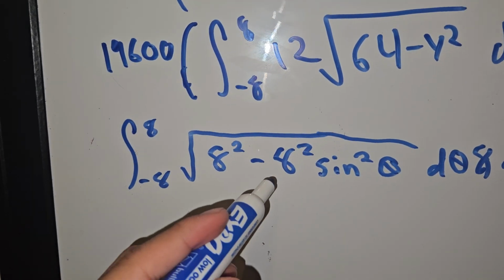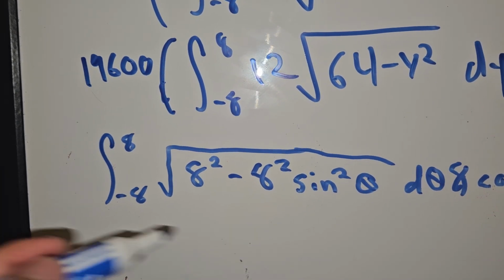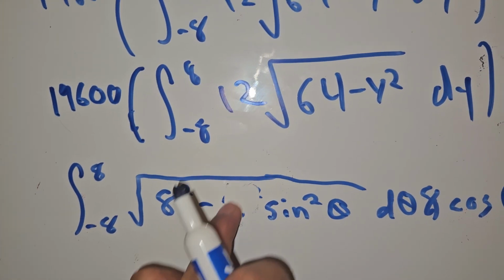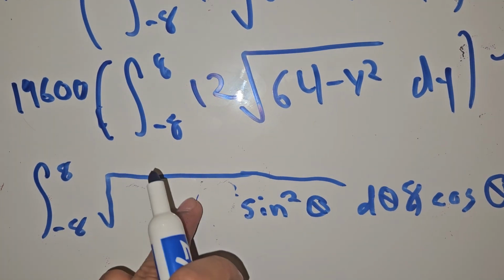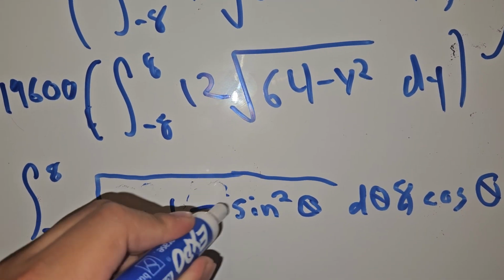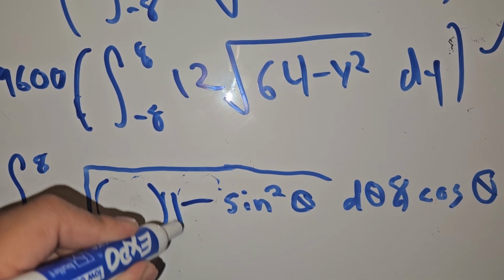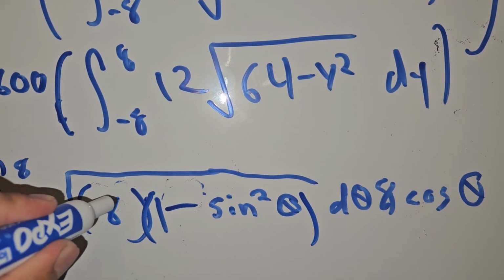Looks to me like we can factor out an 8 squared from both terms. That's going to give us 8 squared times 1 minus sine squared.